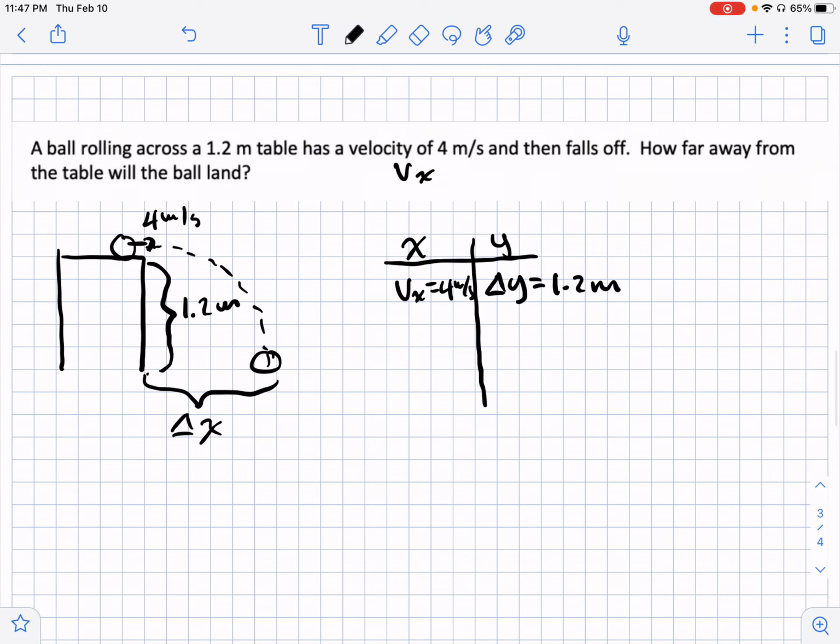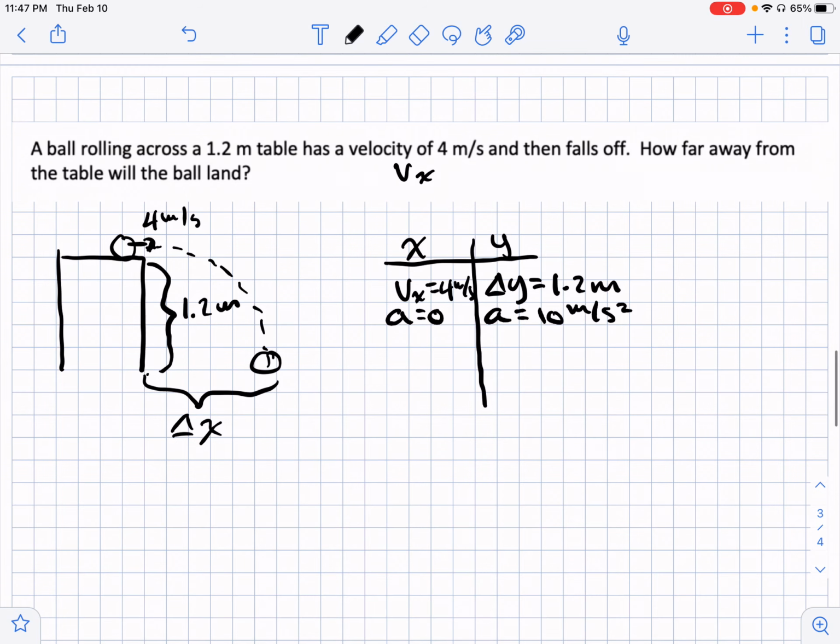So horizontally speaking, we know our acceleration is going to equal 0. Vertically speaking, we know our acceleration is going to equal 10 meters per second squared. And also, vertically speaking, we know that the initial velocity was equal to 0. So there's our given information, and then let's write down our unknown, what we're solving for. We're trying to solve for our delta x.